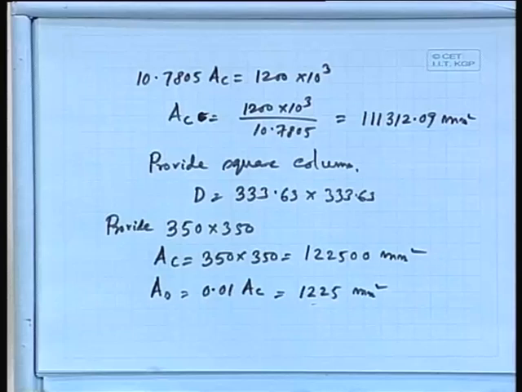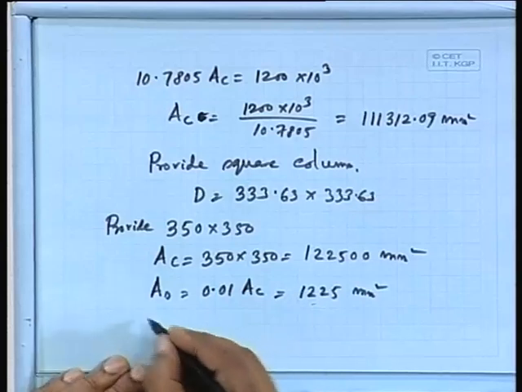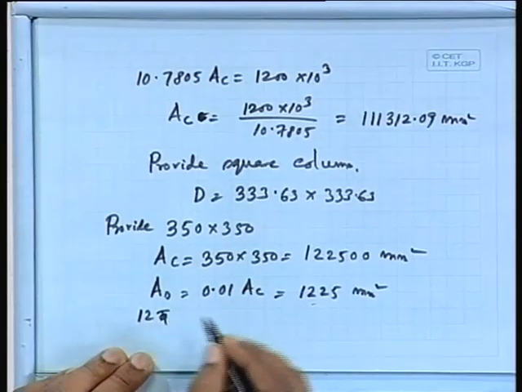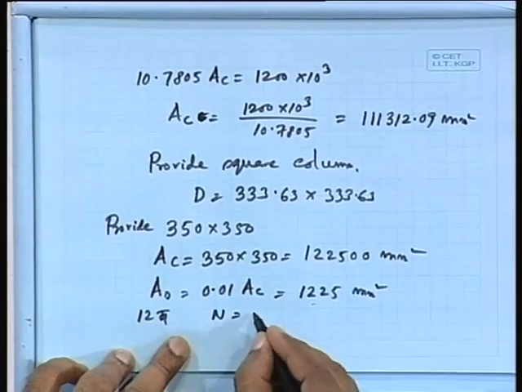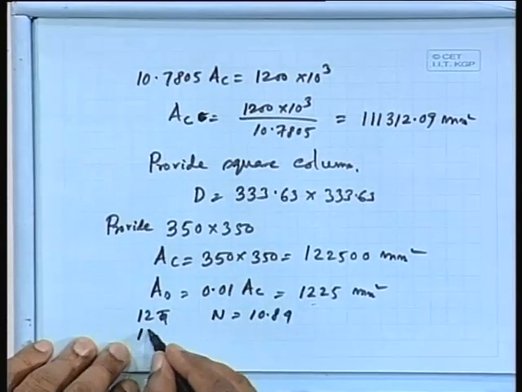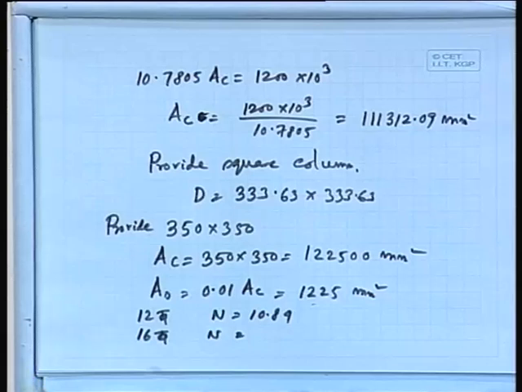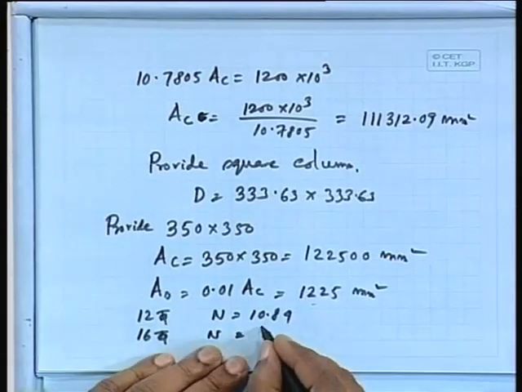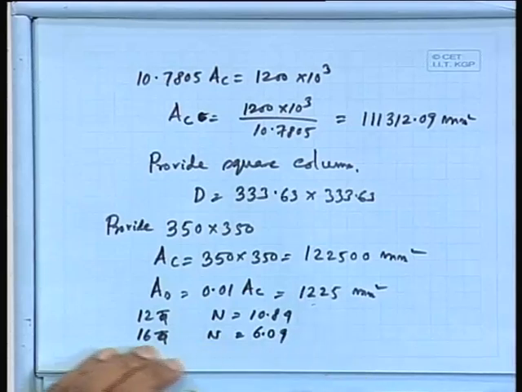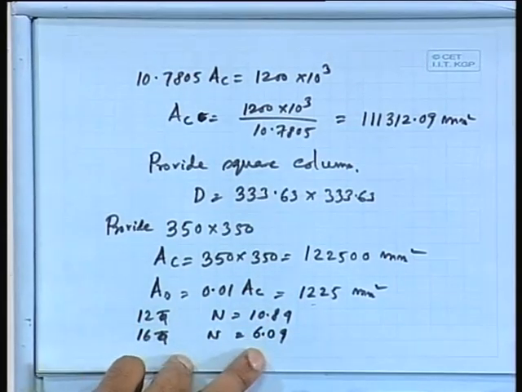If we use 12 torr, the number of bars is 10.84. If you use 16 torr, the number is 6.09.